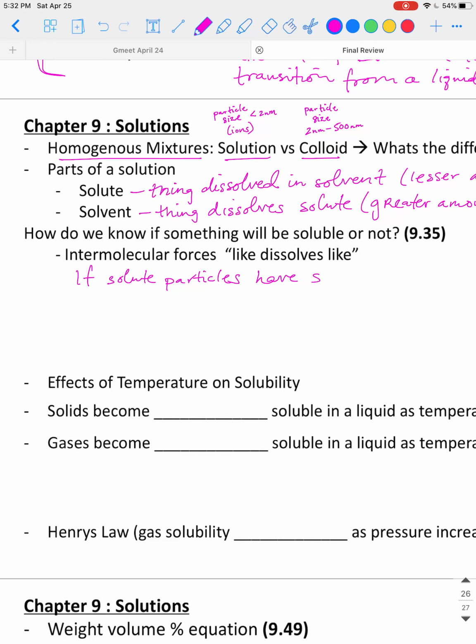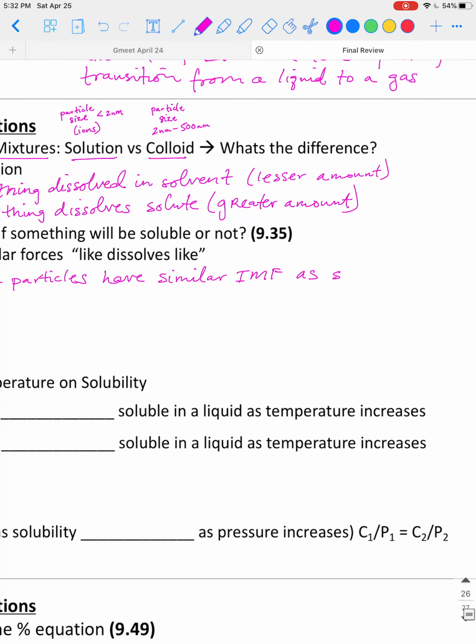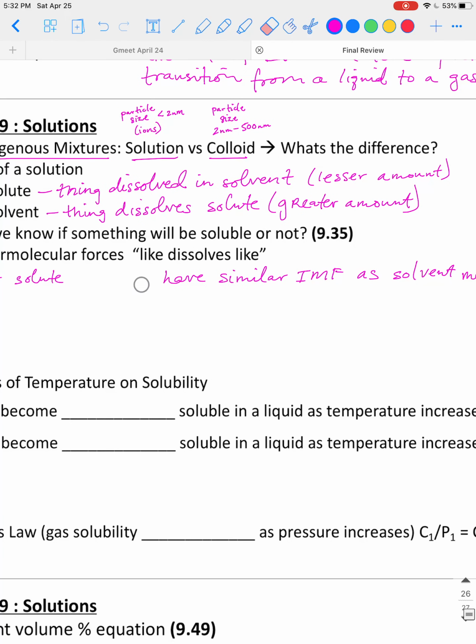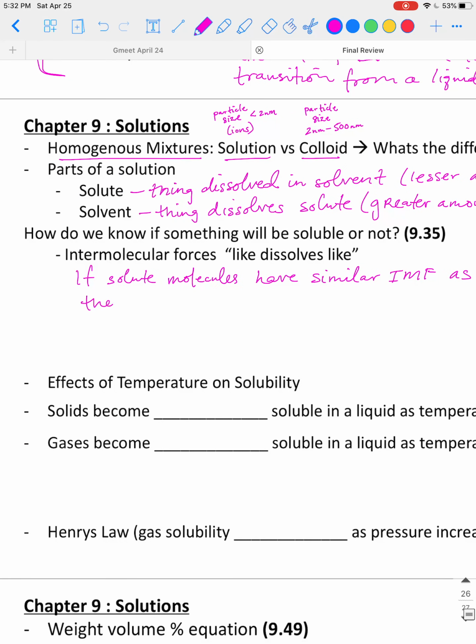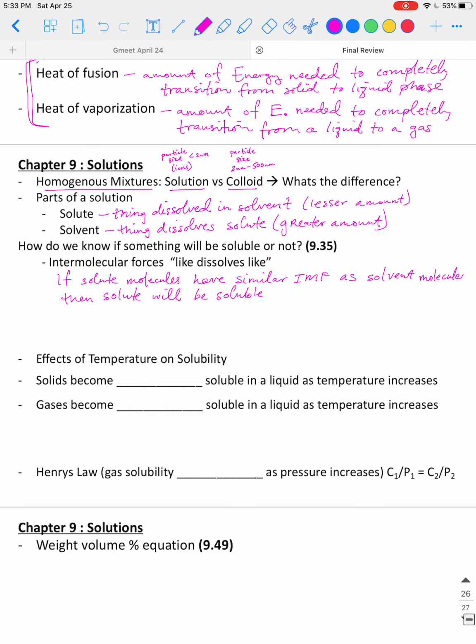So if solute molecules have similar intermolecular forces as solvent molecules, then solute will be soluble. I should say molecules, not particles.